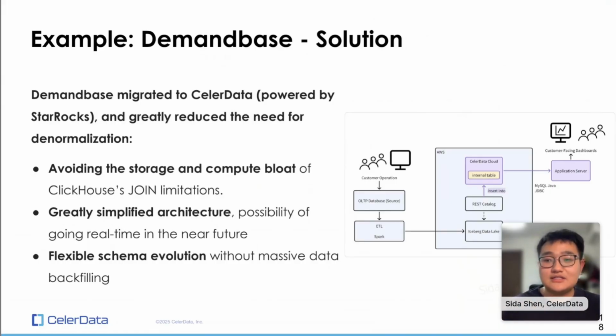And they greatly simplified their architecture. They can actually go real time now because the schema in your data warehouse is the same as the source of the data, right? And also, they're able to update their schema pretty quickly now because there's no more data backfilling to the flat tables, because they don't exist anymore, right?